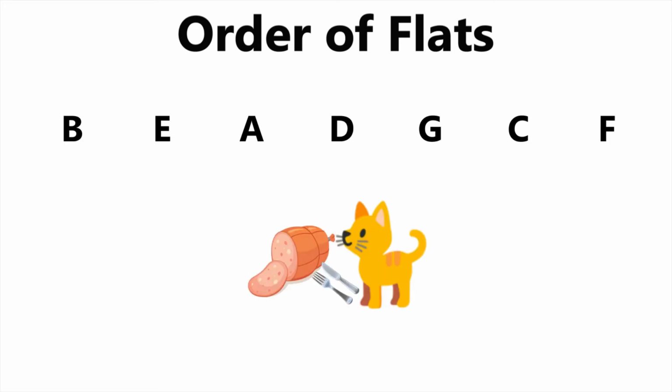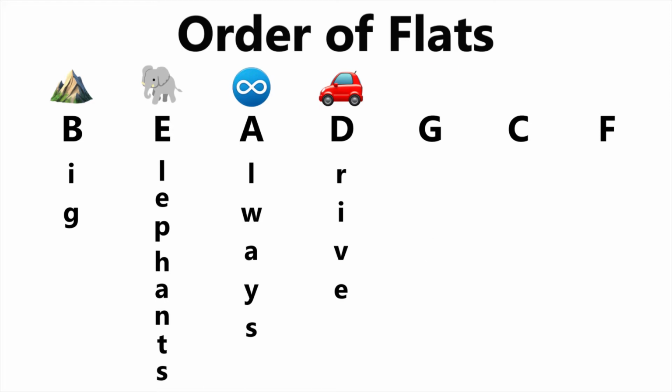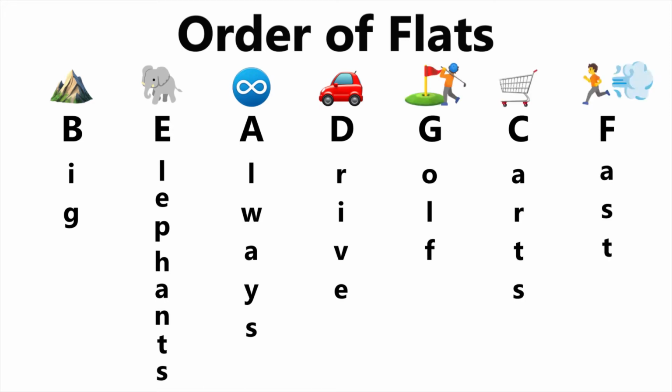Okay, now on to the order of flats. The order of flats is B, E, A, D, G, C, and F. I apologize up front, I don't have anything as amazing as bologna cats to remember this by, but there are a couple other ways you can remember. The first, big elephants always drive golf carts fast.